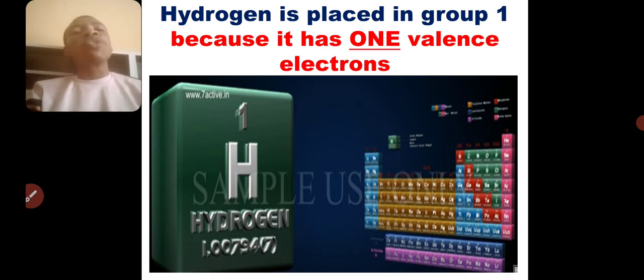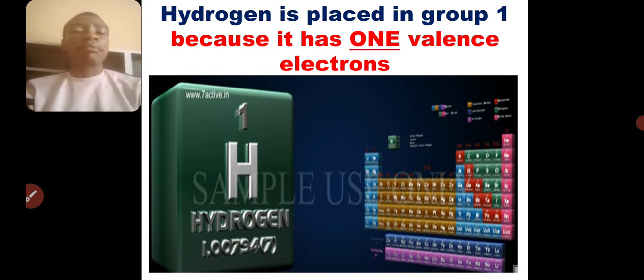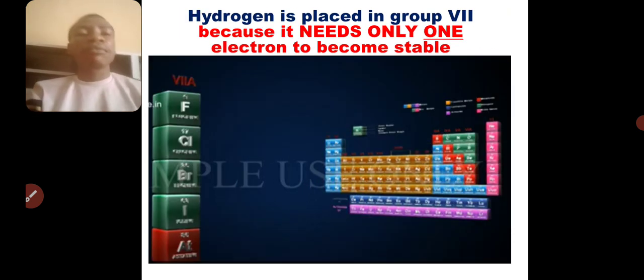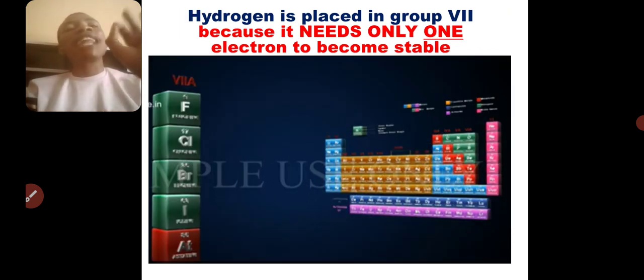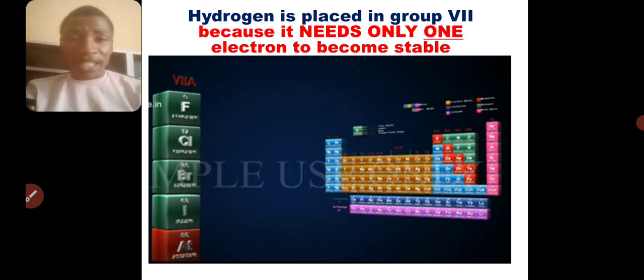It can be placed in group 1 because it has one valence electron like every other element in group 1. And also it can be placed in group 7 because, just like every other element in group 7, it needs only one electron to attain stability.